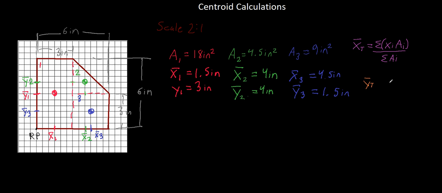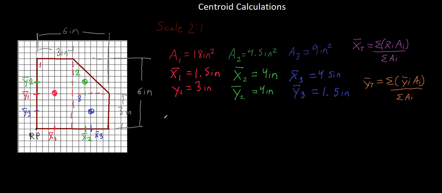And our y total is the exact same equation, just with a y instead of an x. So the sum of all y individuals, and this should have a bar over it. And for that matter, the other one should have had a bar over it. Let's go ahead and go back, fix my OCD. Y individuals times the area individuals divided by, of course, the sum of all area individuals again.